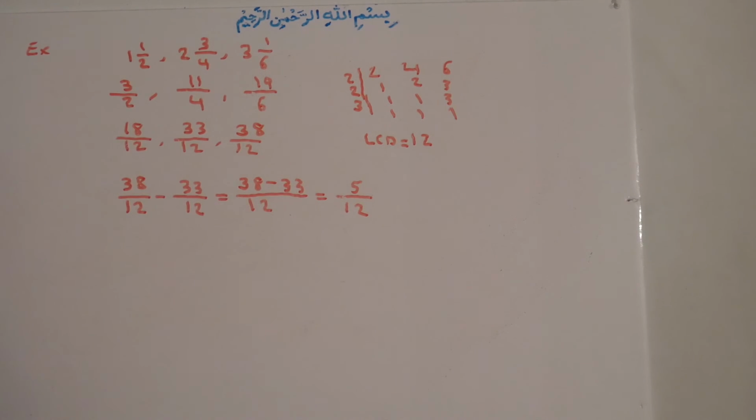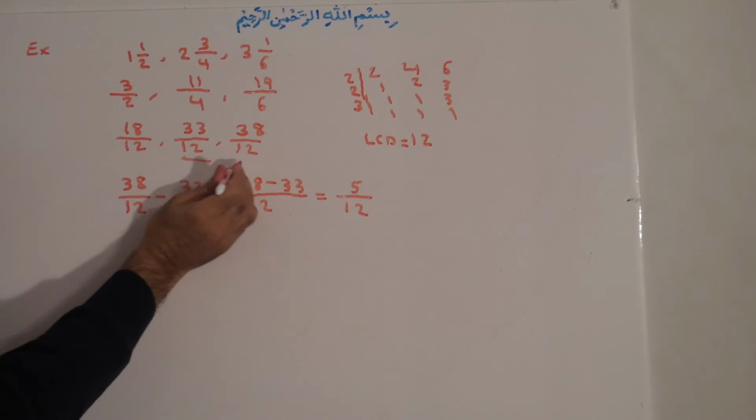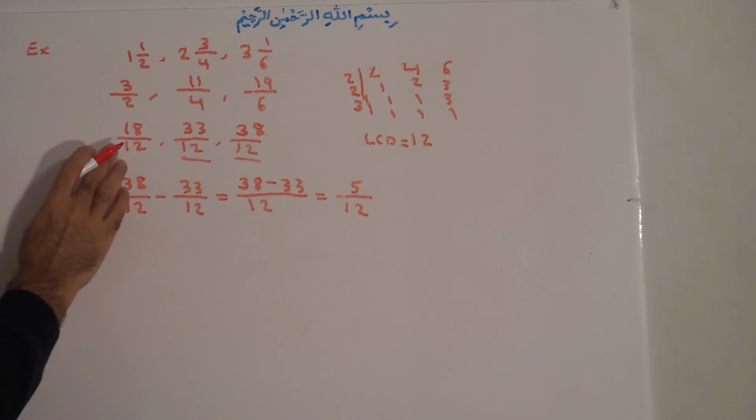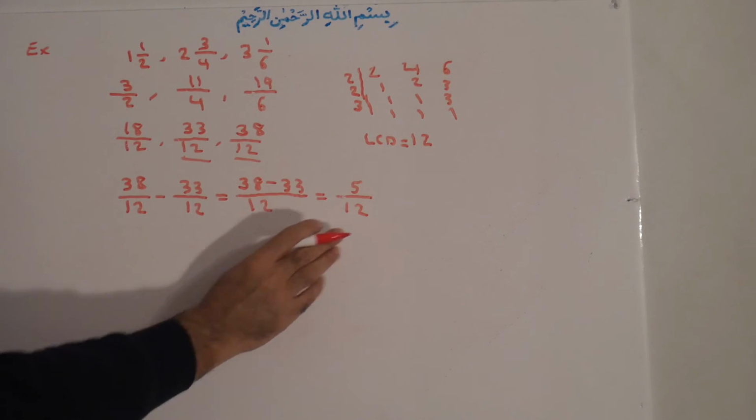Now we did this one and this one, there remain this one and this one. You know 18 over 12 is larger than 5 over 12.